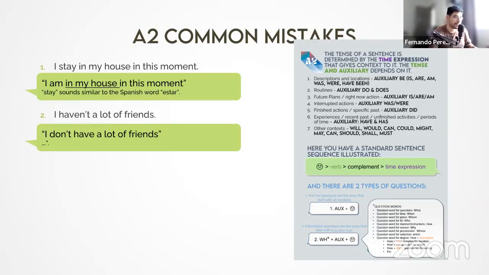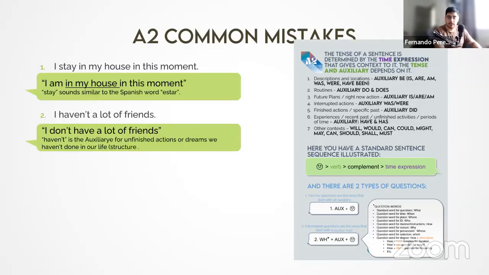Why is this? I'm going to help you, Monse. The word haven't is the auxiliary for unfinished actions, or dreams we haven't done in our life, which is structure 6.